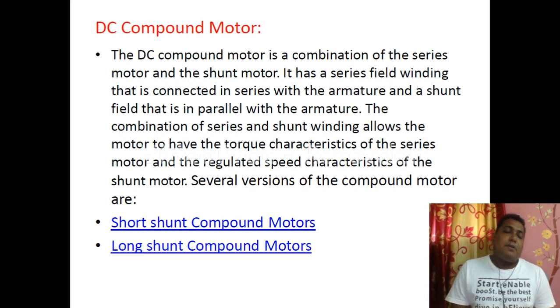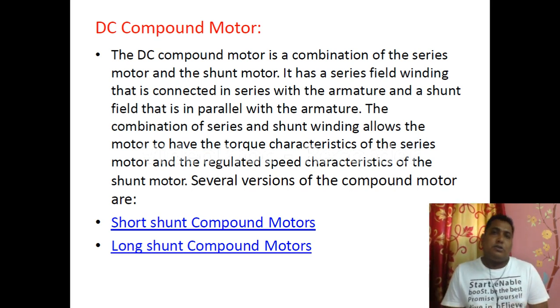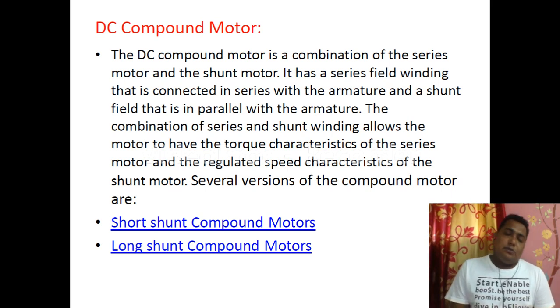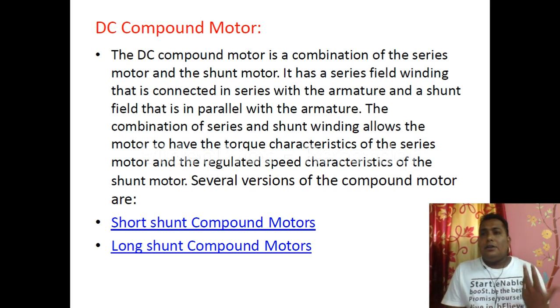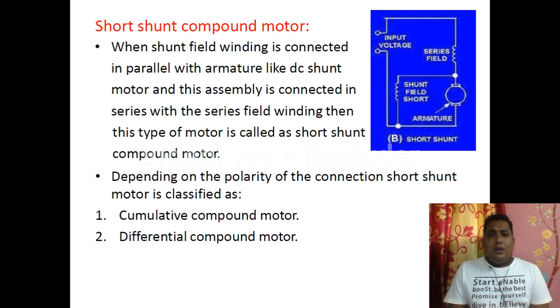Several versions of the compound motors are short shunt compound motors, long shunt compound motors, then cumulatively compound DC motors, and differentially compound DC motors. So there are different types of compound motors. Basically the shunt motor characteristic and series motor characteristic both combine together in a special machine, the DC compound motor.